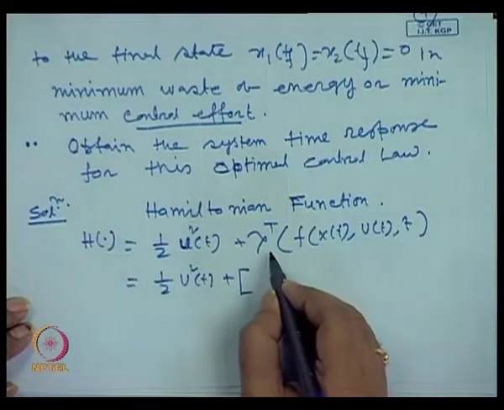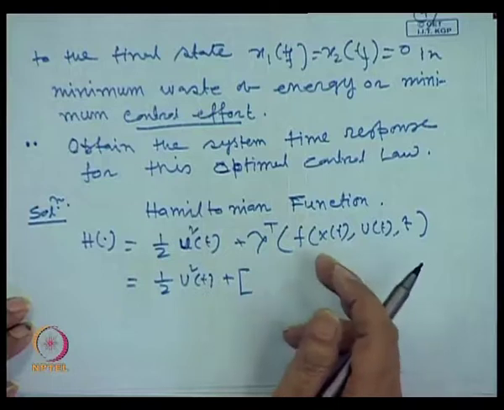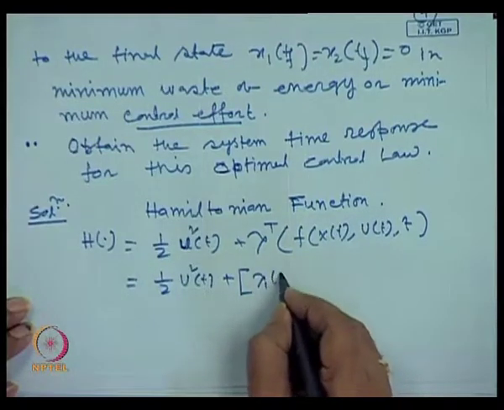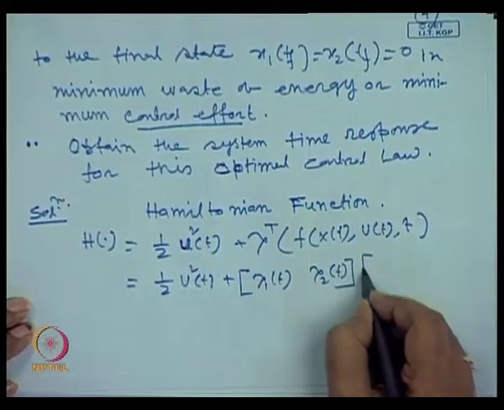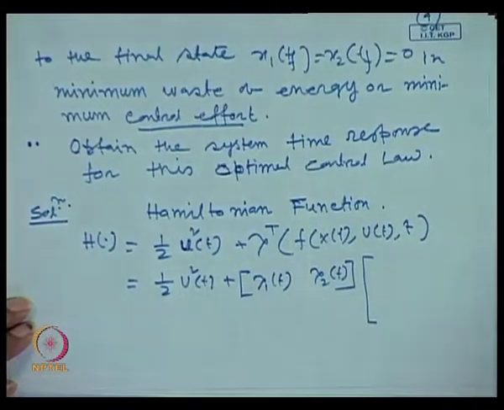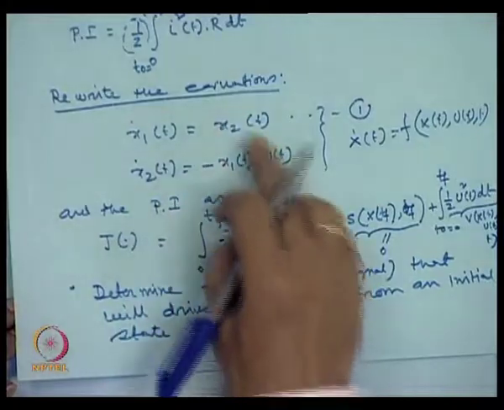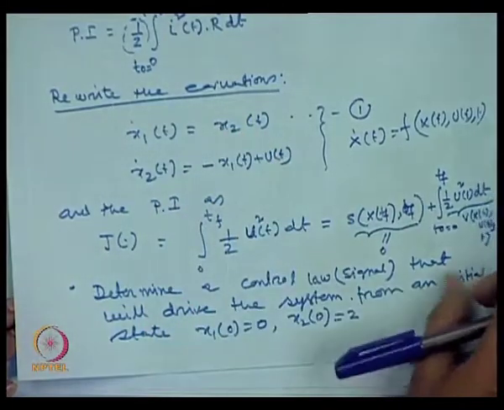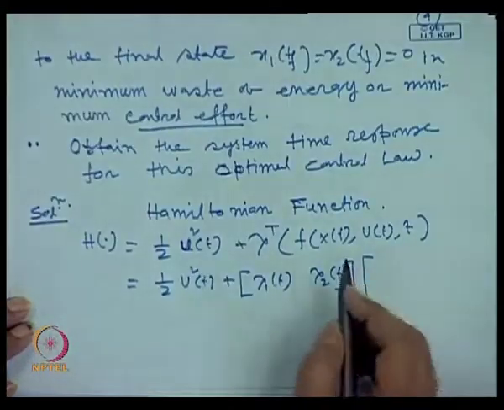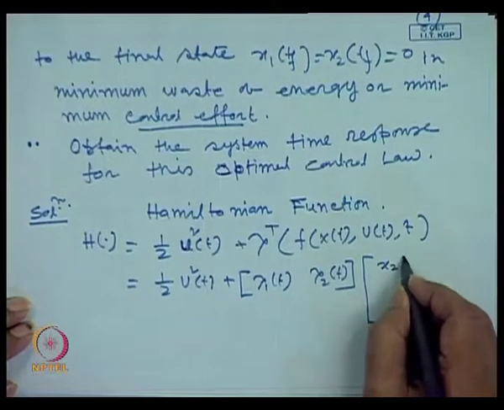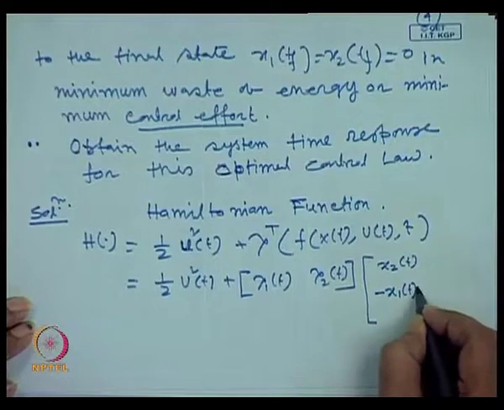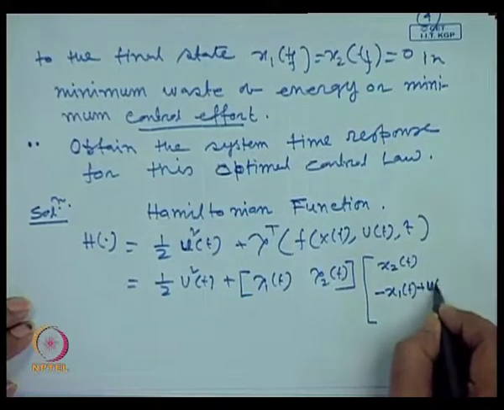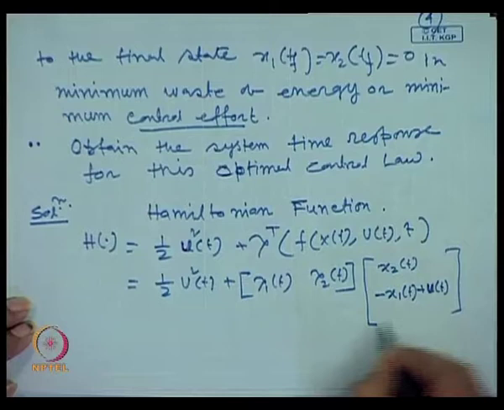Because the dimension of the state is 2, lambda is lambda 1 of t, lambda 2 of t, multiplied by x dot of t. When you put this into vector form, we can write it as x 2 of t, minus x 1 of t plus u of t. This is our f of x.